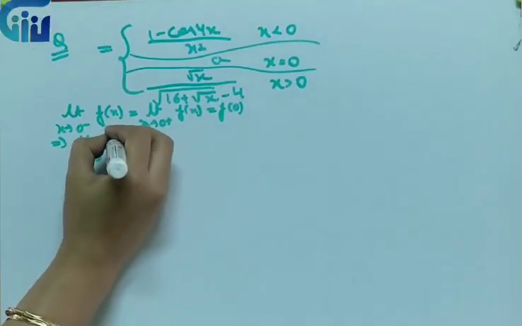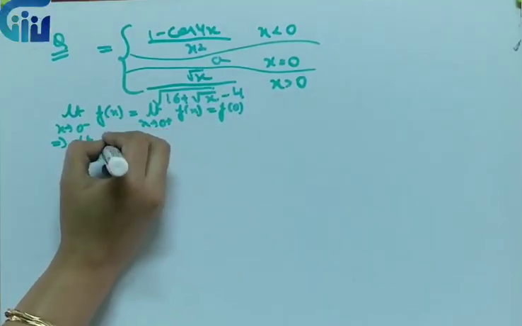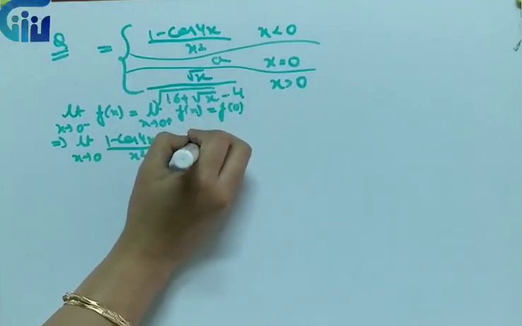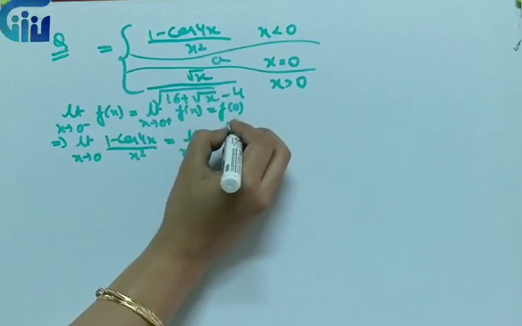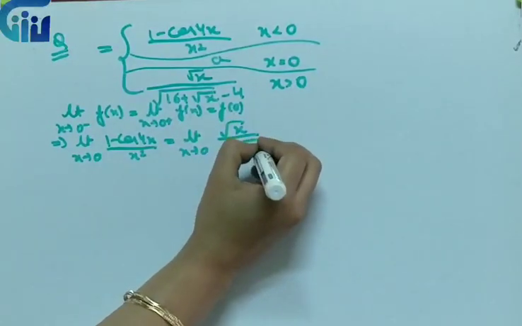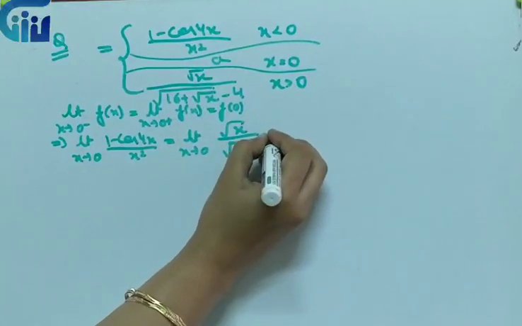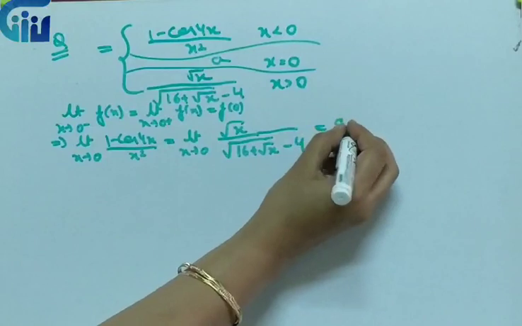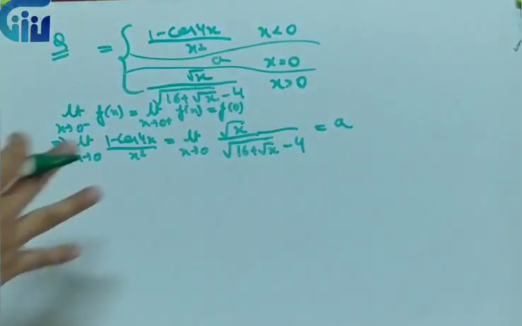So for the left, it is (1 minus cos 4x) upon x square, which is equal to limit x tending to 0 of (under root of 16 plus under root of x) minus 4, and this is equal to a. The main task is to solve these two limits.